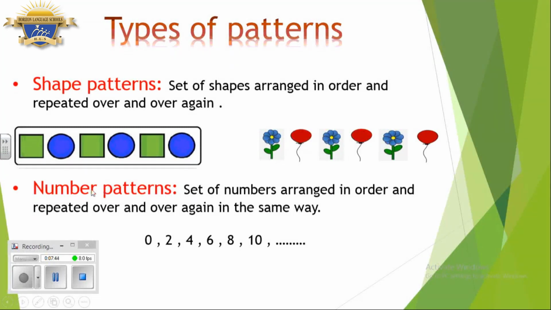For example, we have here a set of numbers that starts with number 0 and then 2, 4, 6, 8 and 10. Who can tell me what these numbers are?